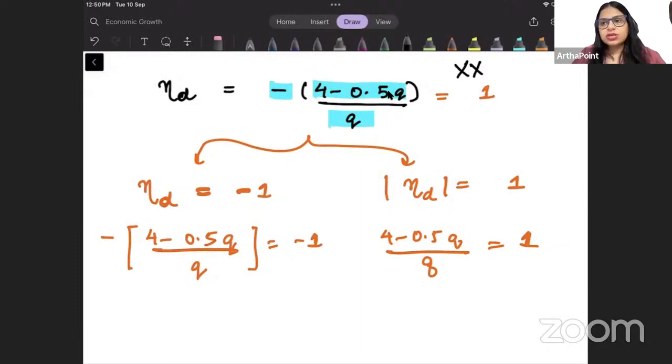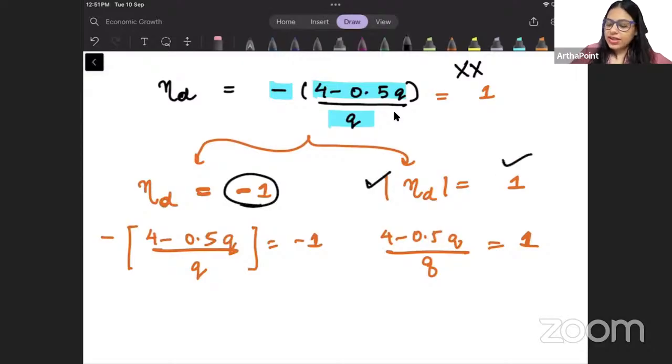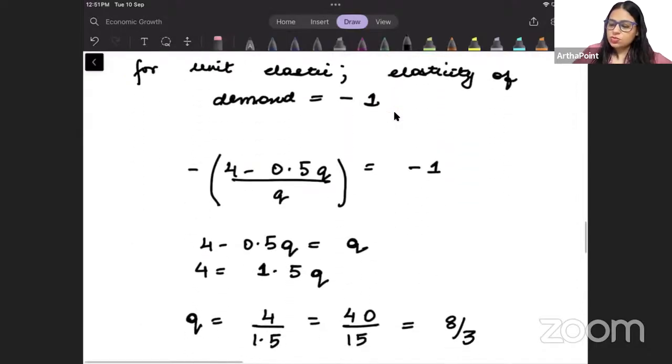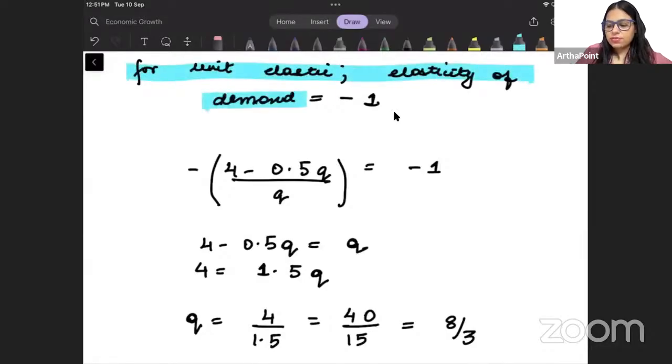Many students will think, okay, equate it to 1. That is absolutely incorrect. You cannot equate the elasticity of demand to 1 directly. Unit elastic means -1, or in absolute value equal to 1. So I have equated this to -1. For unit elastic, elasticity of demand should be equal to -1.